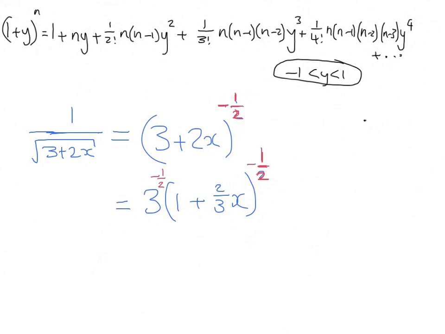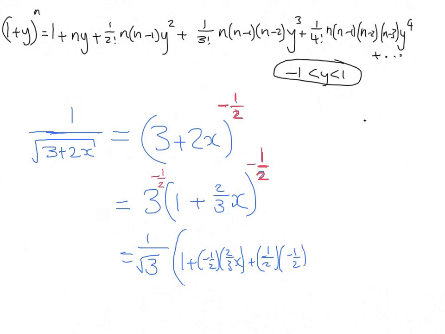So what we end up with is 1 over the square root of 3, that's 3 to the minus a half, times, now we do a normal binomial expansion, 1 plus ny plus half n minus 1 y squared plus etc, etc, etc, and then tidy it all up and times it by 1 over root 3 at the end. So it's not a lot more complicated, but that's as complicated as it gets.